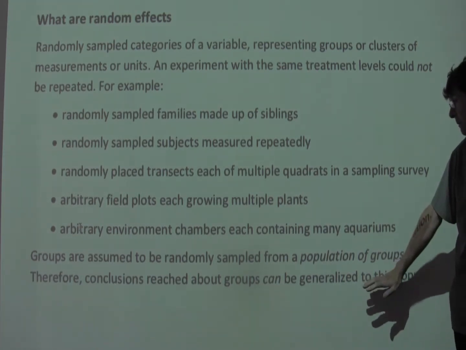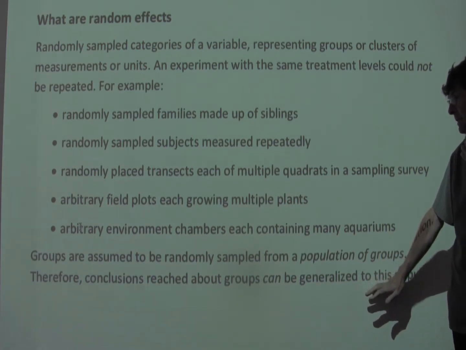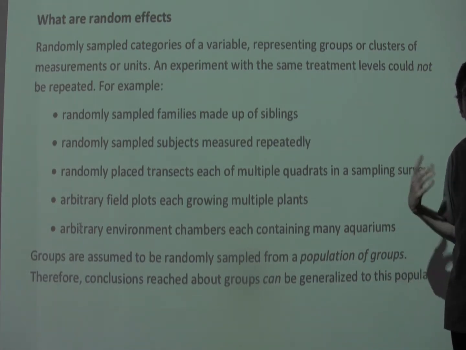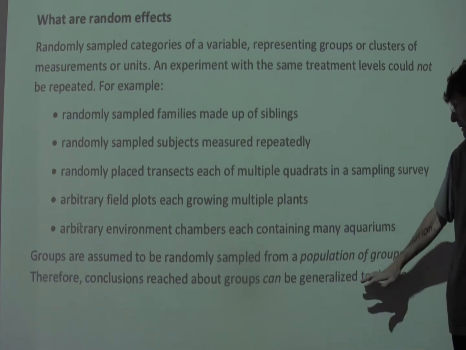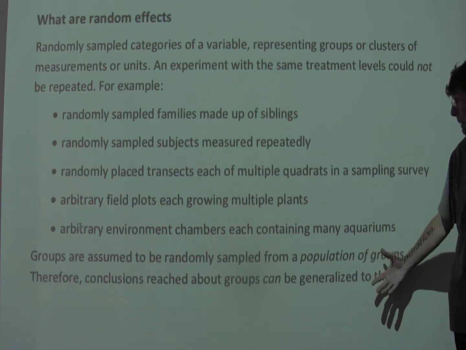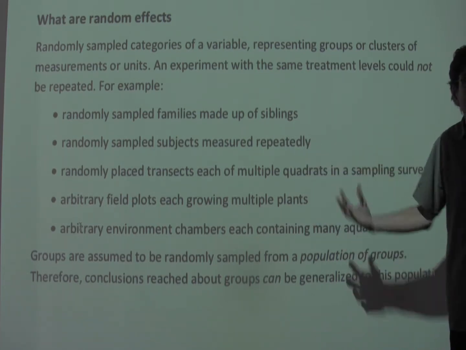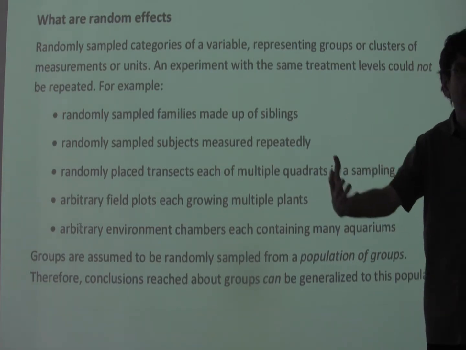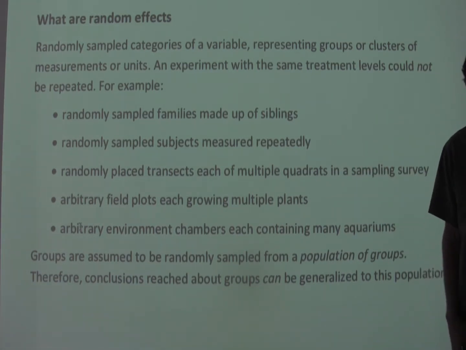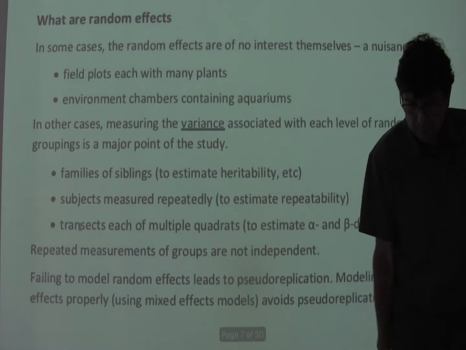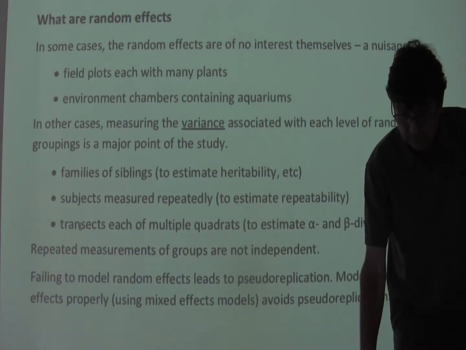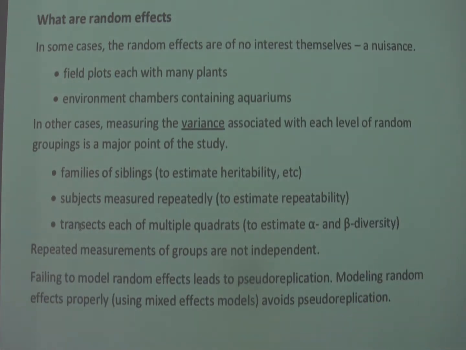And one difference in this case is that because the groups are randomly sampled from a population, any result obtained on the randomly sampled groups can be applied to that entire population. Generally, the random effects are actually of no interest whatsoever.